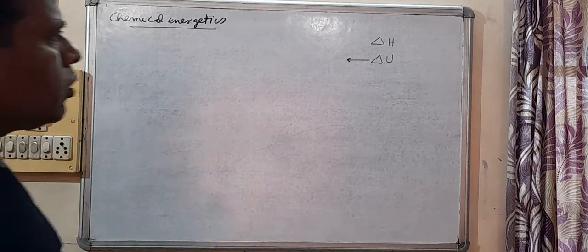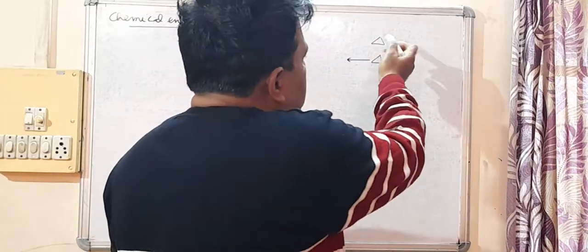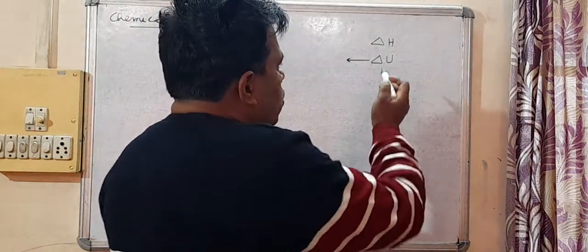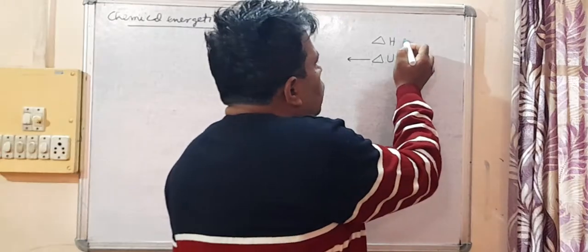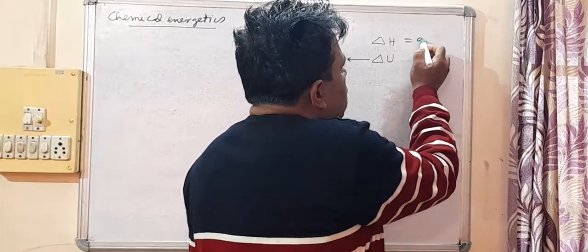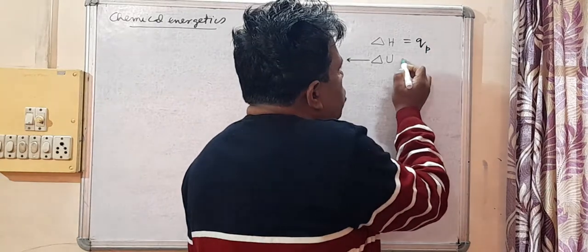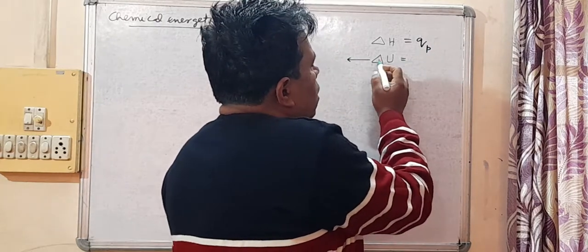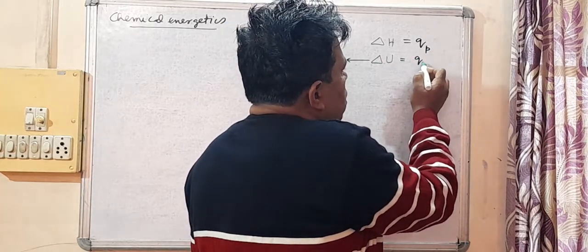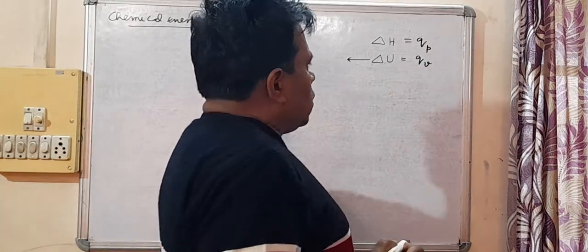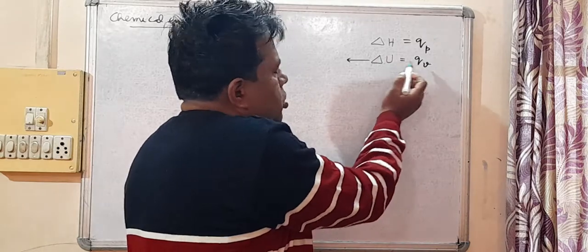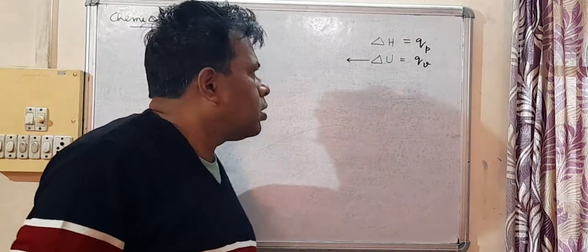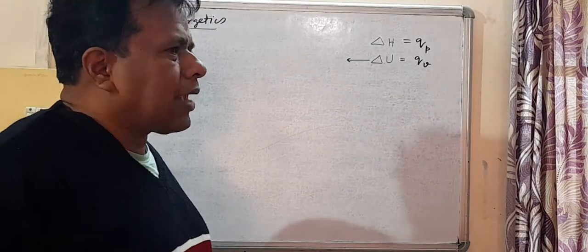Before that, let me tell you, we had talked about enthalpy change. We had talked about internal energy change. Enthalpy change is QP, heat change at constant pressure, and internal energy change is heat change at constant volume. And these things are measured in a calorimeter.